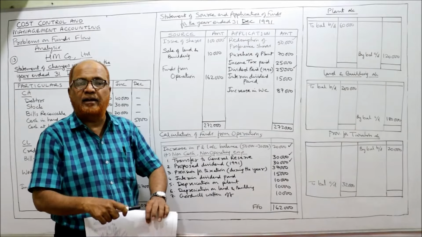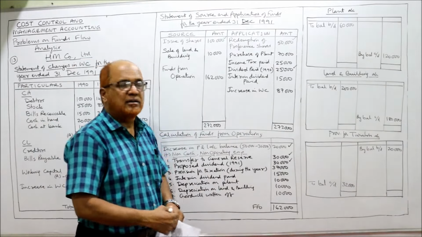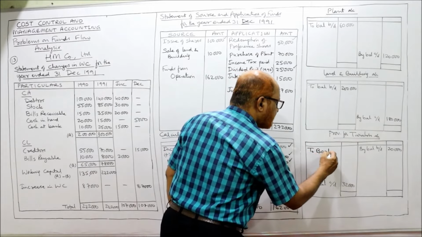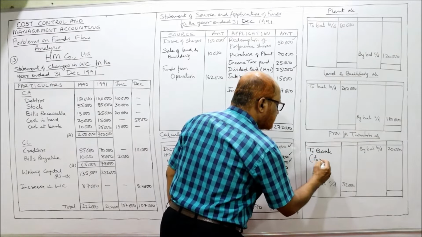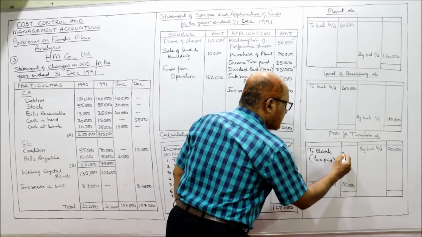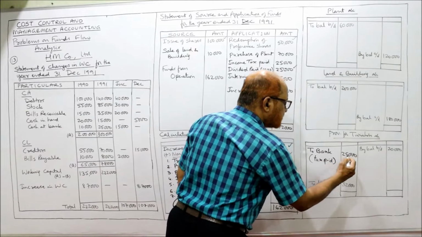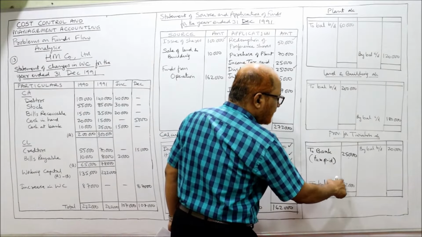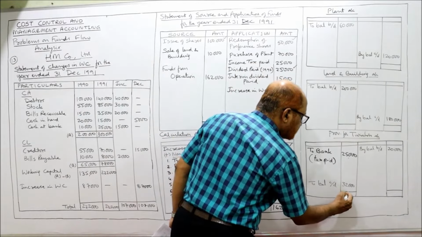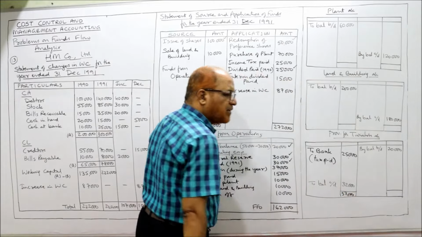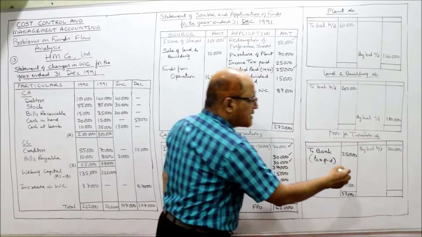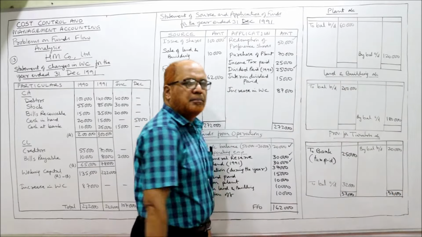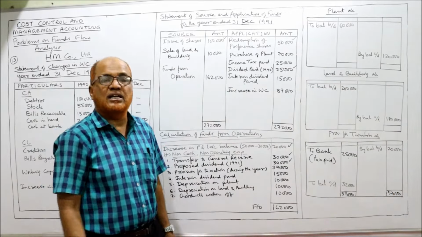Now the last line says income tax of 25,000 has been paid during the year. Income tax paid should be taken on the debit side. So on the debit side you should write, to bank, tax paid. How much is the income tax paid? 25,000. Right? Now, how much is the total on the debit side? 57,000. Take the same 57,000 on the credit side. 57 minus 20 is 37.